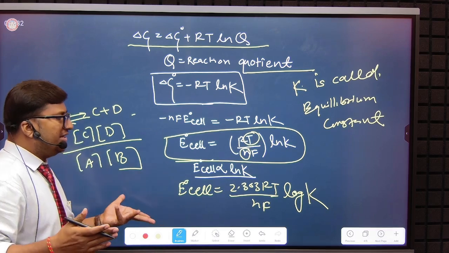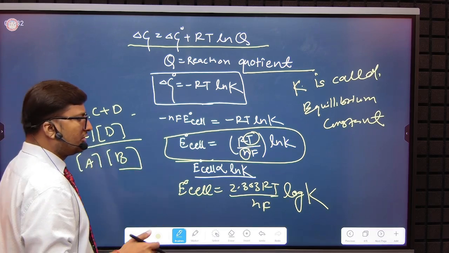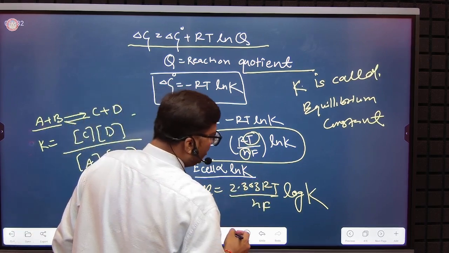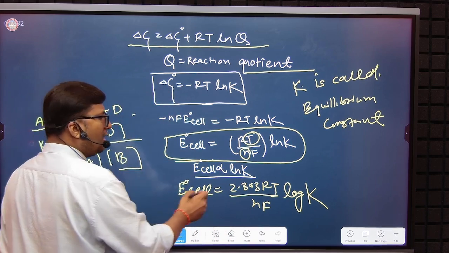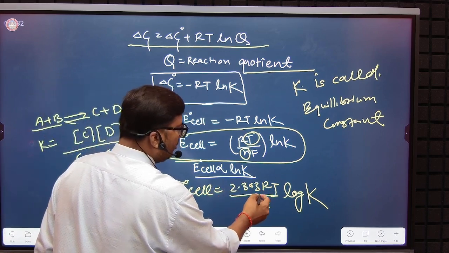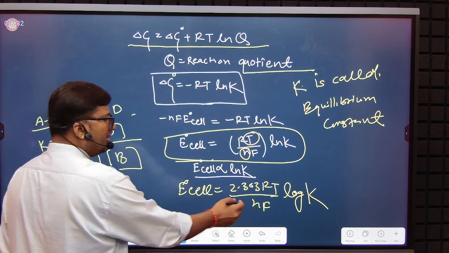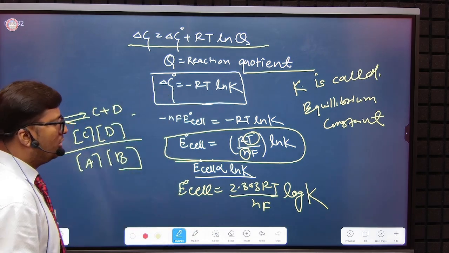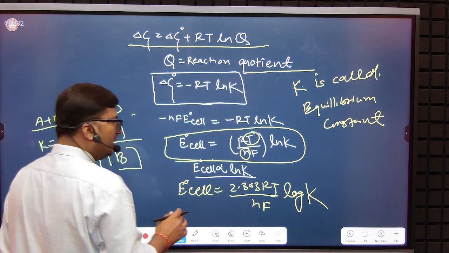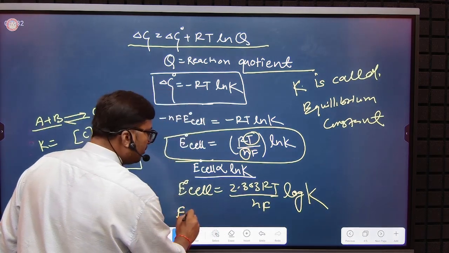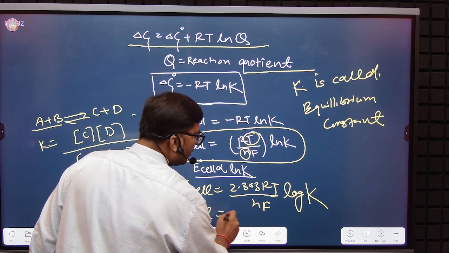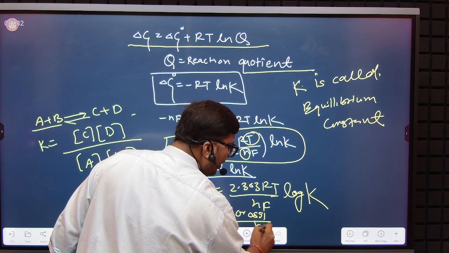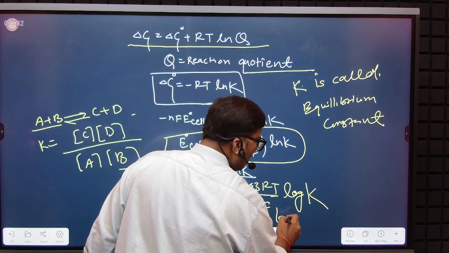So at standard state, T stands for 298 Kelvin, R stands for 8.314 joule per Kelvin per mole, F is 96,500 coulomb per mole of electrons, then E0 cell is equal to 0.0591 upon n log K.